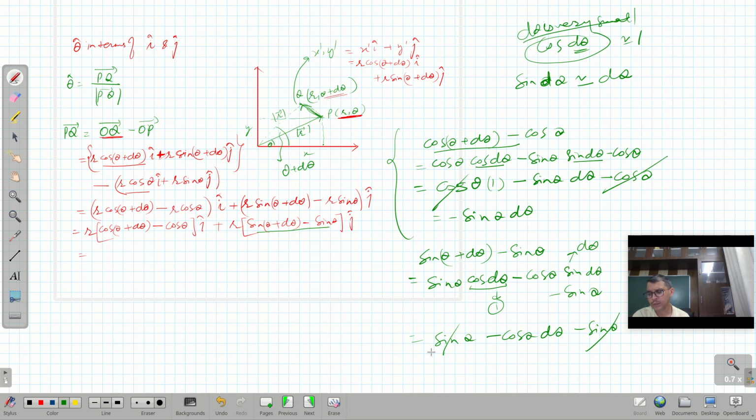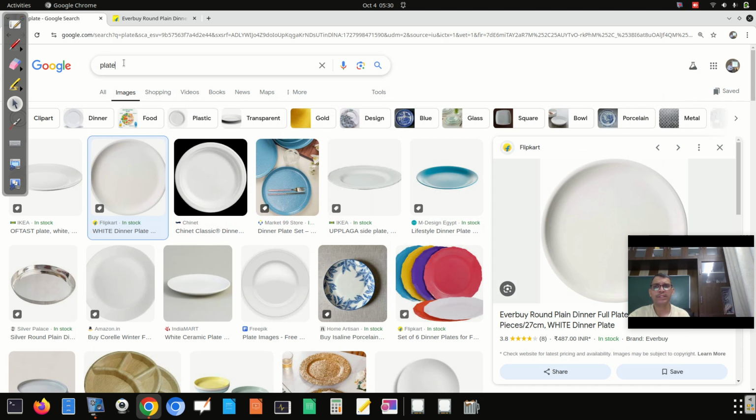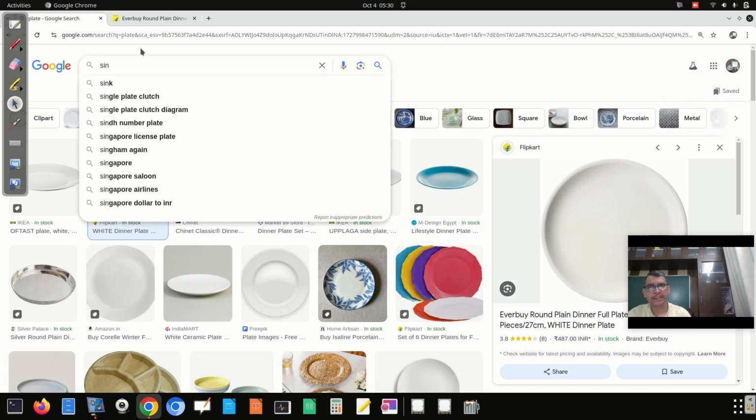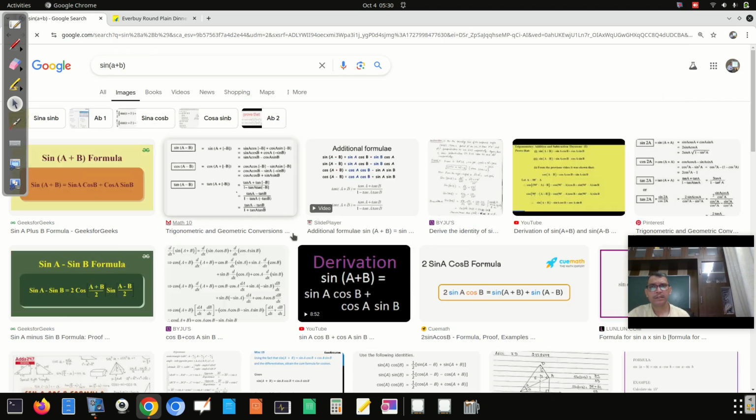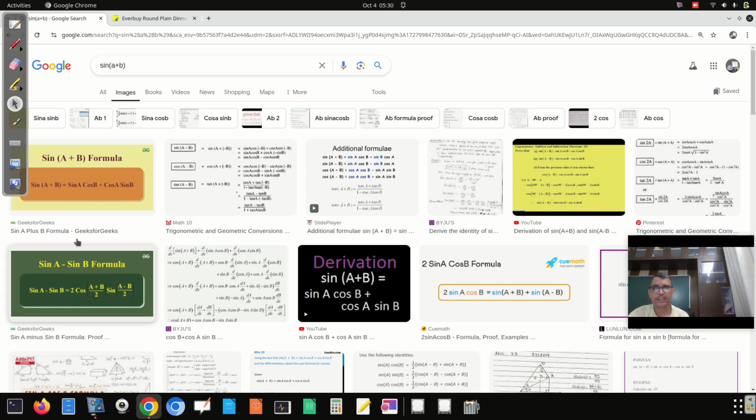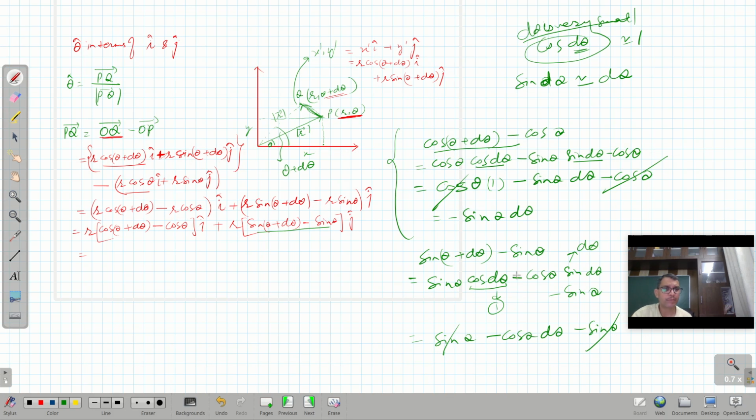Let me recall the formula. Sine of a plus b, I'm a little bit confused. Yeah, it is sine a plus b, so plus will be there, and this makes it plus, so it is cos of theta d theta. So these are the two terms which I am getting.